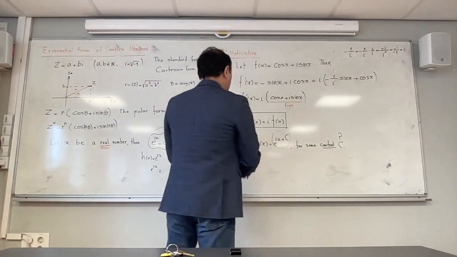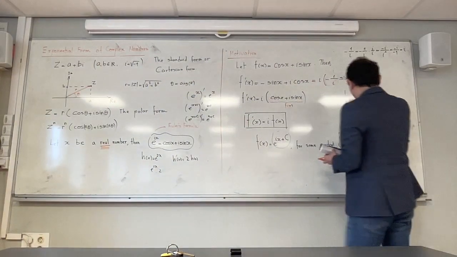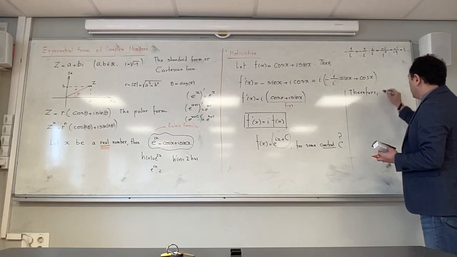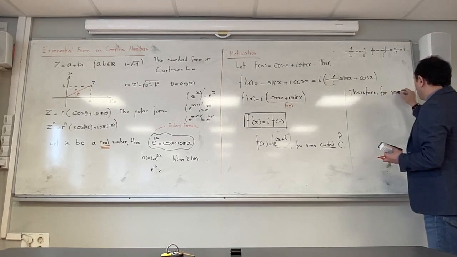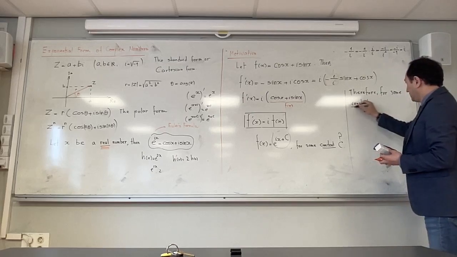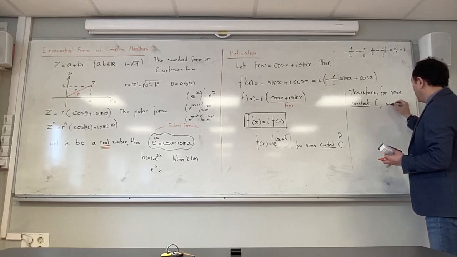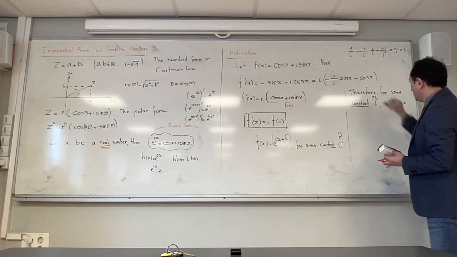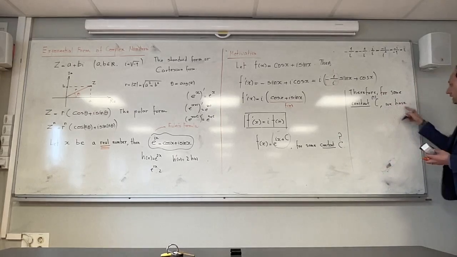Is that clear? So how can I prove that c is 0? So let me write here so far. Therefore, for some constant c, we have, of course, let me put a question mark, still we don't know which c that is.